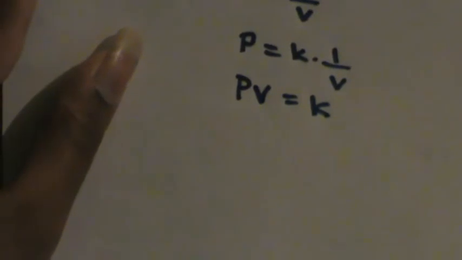So P is directly proportional to 1 over V means P is equal to K times 1 over V. In actual usage of Boyle's law, we cross multiply here, so PV is equal to K. K is a constant, so we can say that PV is a constant.